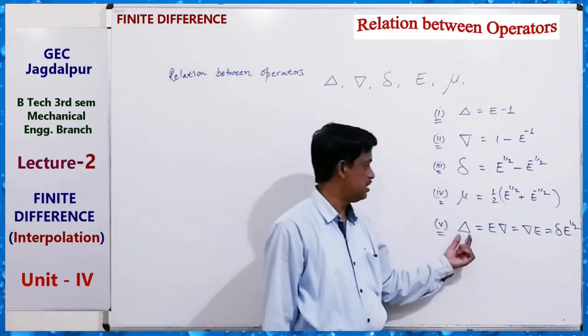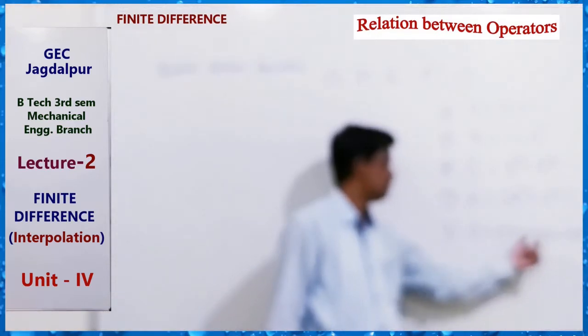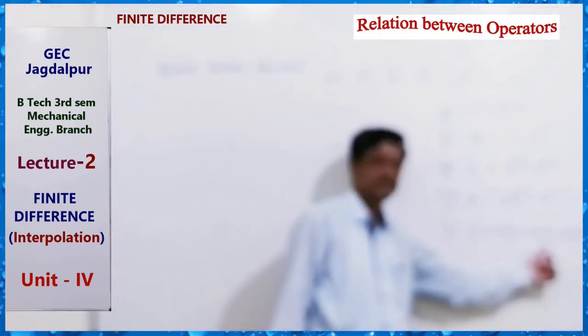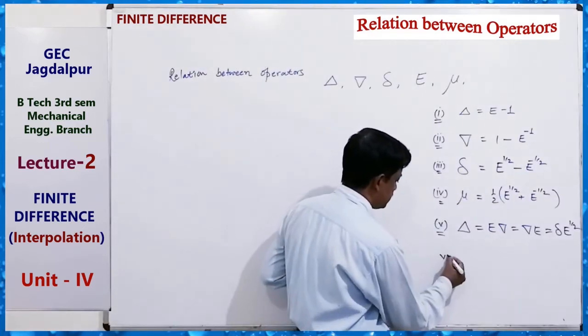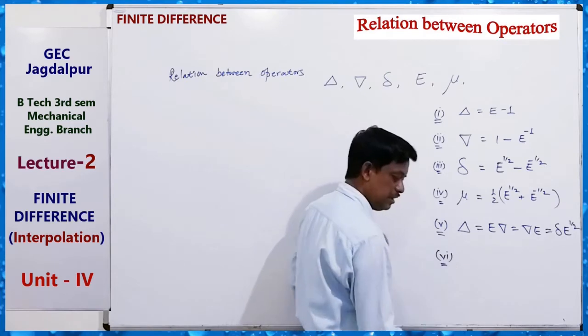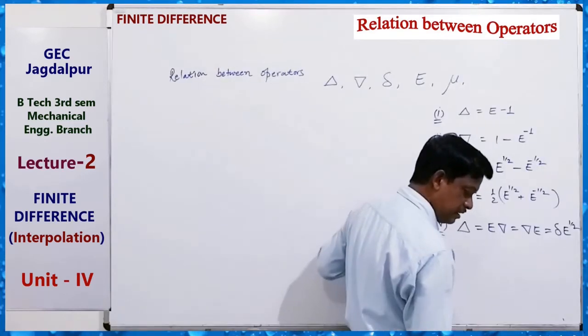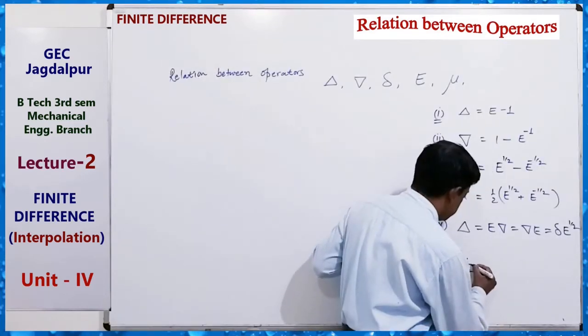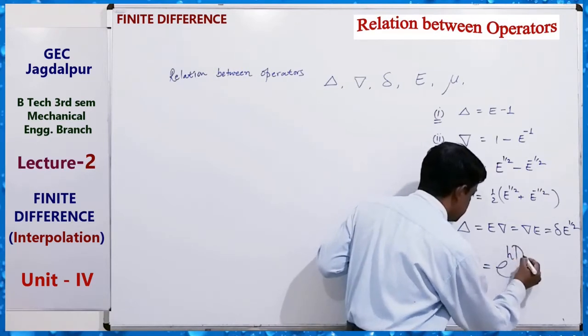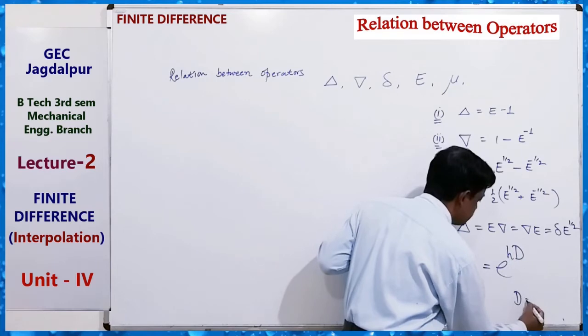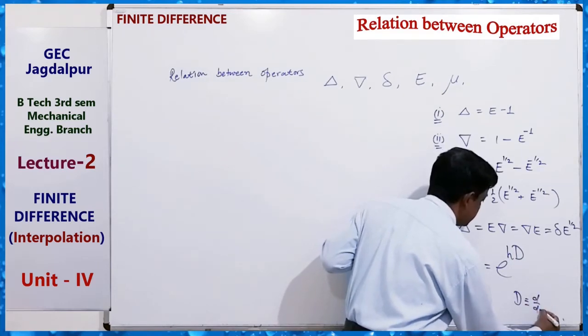Means in place of this you can use this, whatever we require. Sixth relation is E equals to e to the power h D, where D is equal to d by dx.